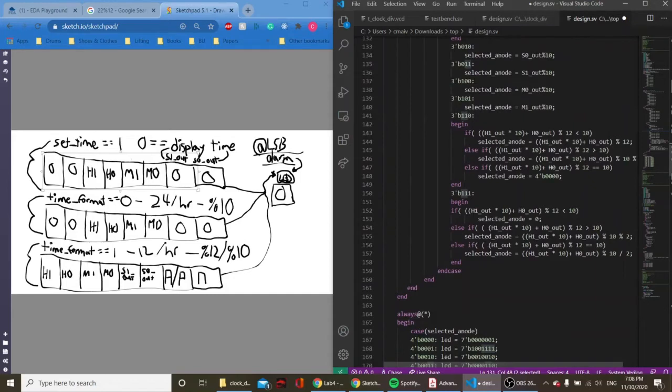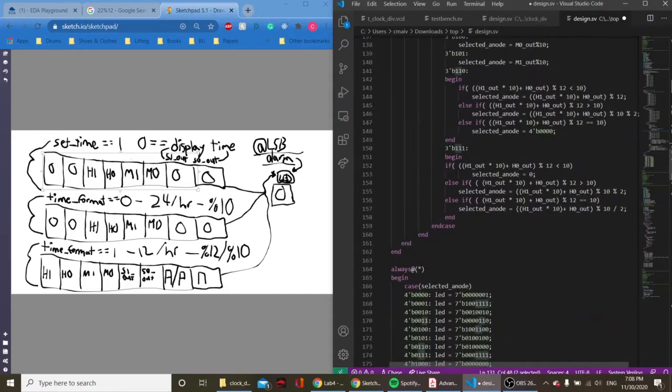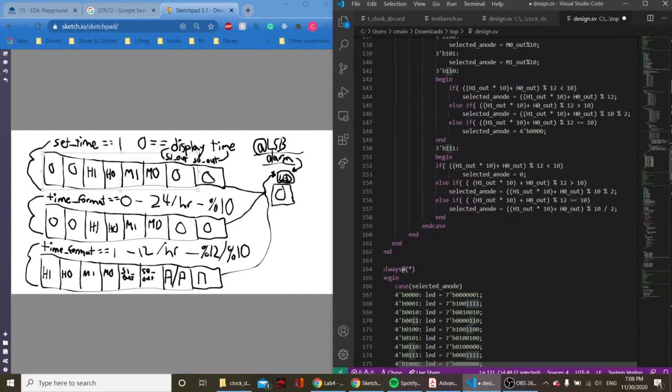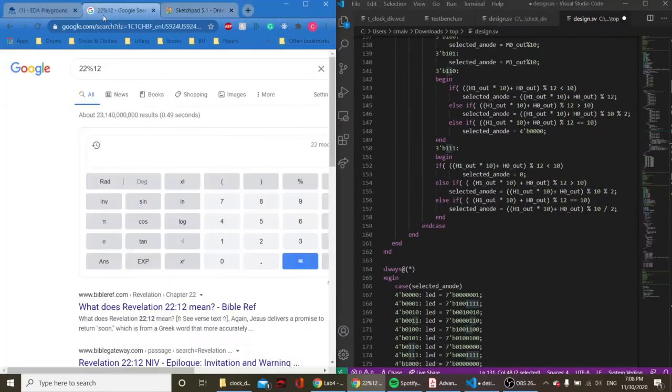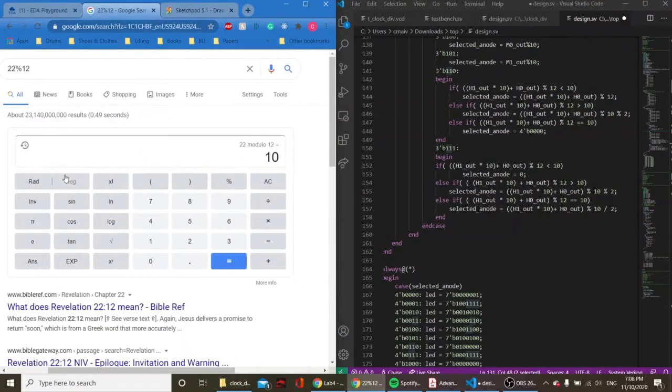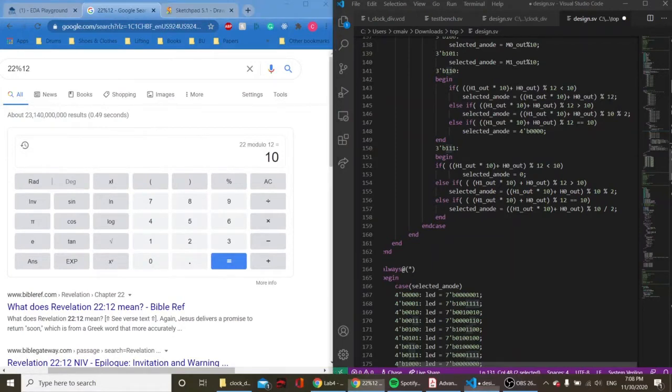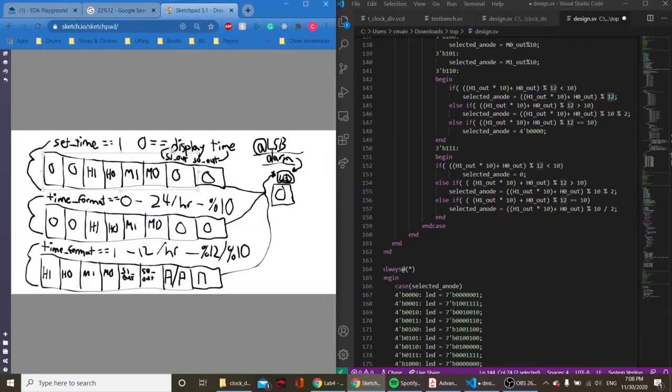These digits are fine because they're just seconds and minutes, but with the hours, these need to be converted. So I arbitrarily split it at 22. 22 mod 12 is 10. And when this is smaller than 10, that's just so I have some range of how large this is in the 4-bit register. But this mod 12, where this is that second digit, works out okay.